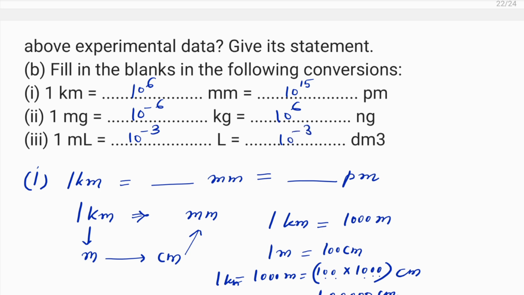So this is how you are going to convert 1 unit of a particular physical value to another. These are going to be very helpful when you are going to do various numericals. So that's why these kinds of questions have been included in the syllabus.